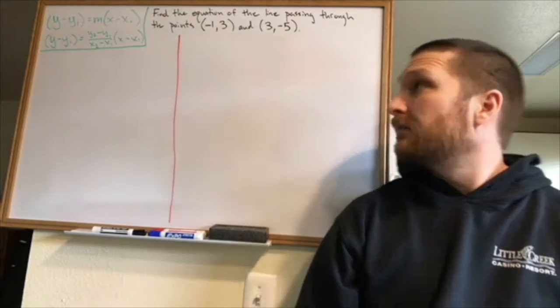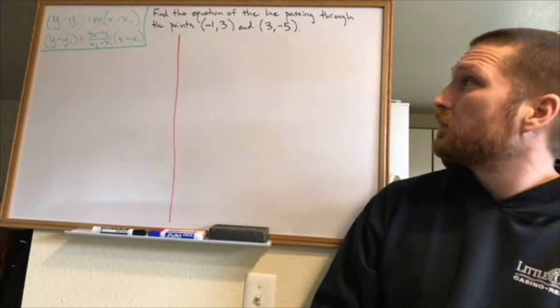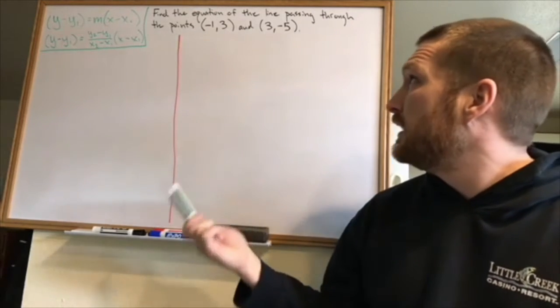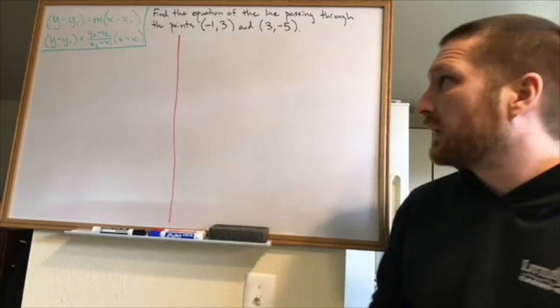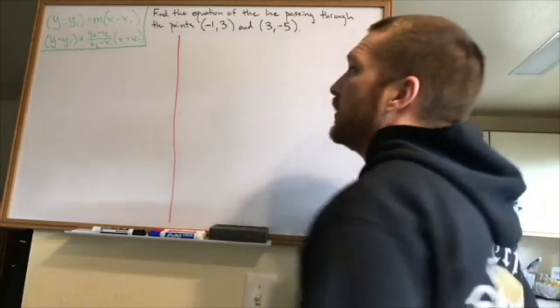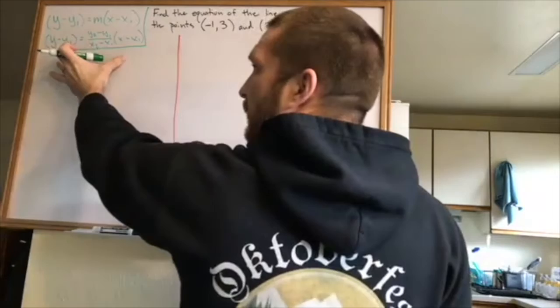First example, find the equation of the line passing through the points (-1, 3) and (3, -5). Okay, let's do the plug and play method first. So I already have it written out.